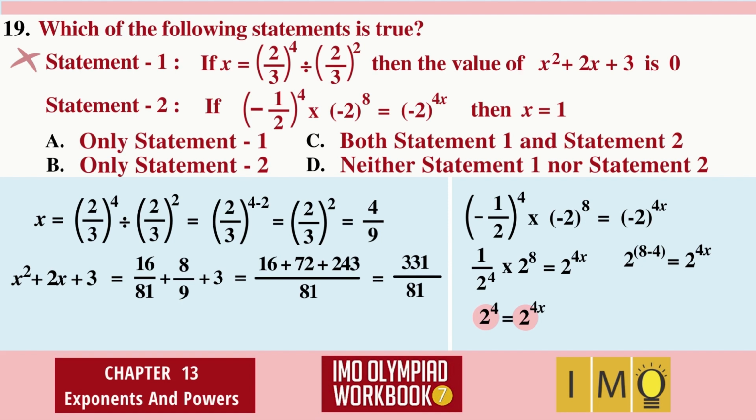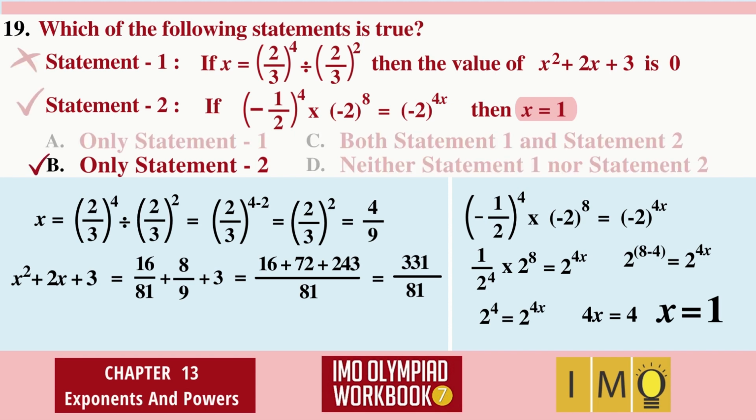Here, since the base on both the left side and the right side of the equation is the same, we can equate the exponents. So 4x is equal to 4, which means that x is equal to 1. So statement 2 is true. That means the right option is option B.